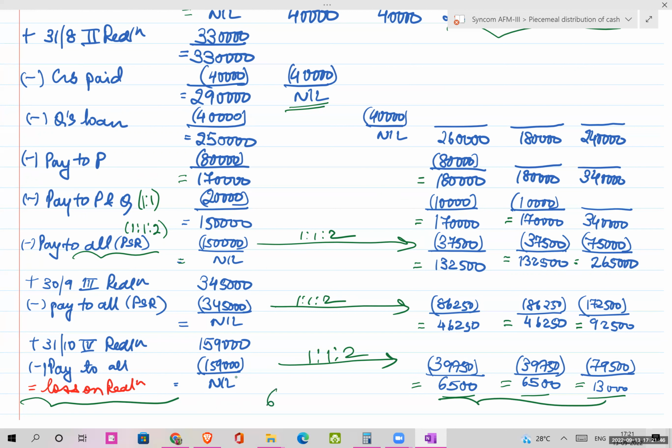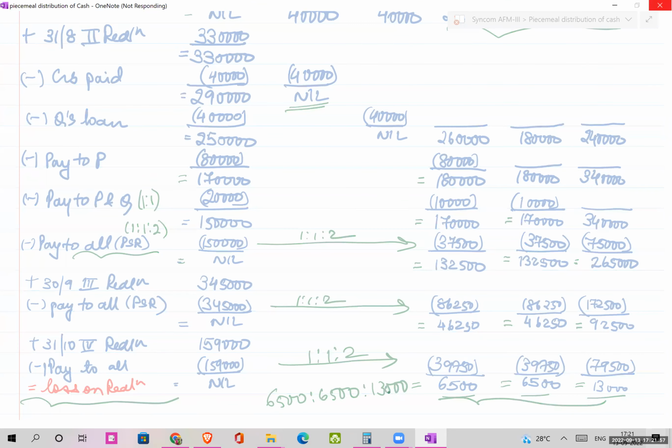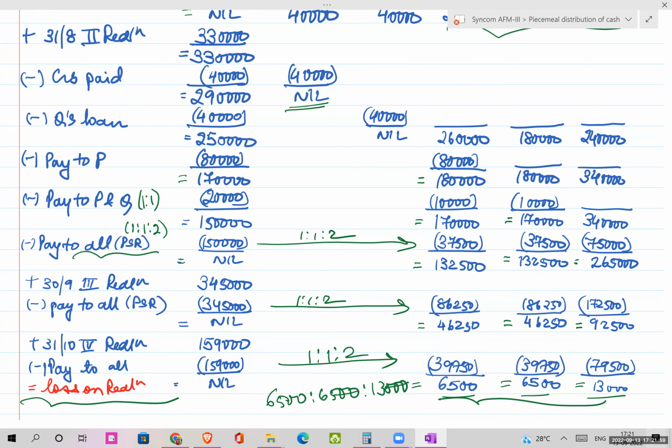See, 6,500, 6,500, these balances, solve them. See, the 0 goes to 0, 65 ones are 65, 65 ones are 65, and 2 zeros go.